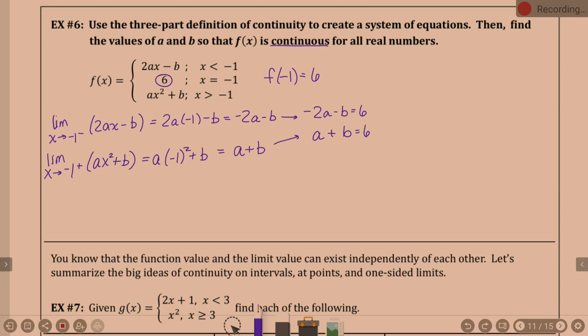Now, it said, create a system of equations. This is Algebra 1, folks. I created a system of equations. Then find the values of a and b. My suggestion would be elimination.